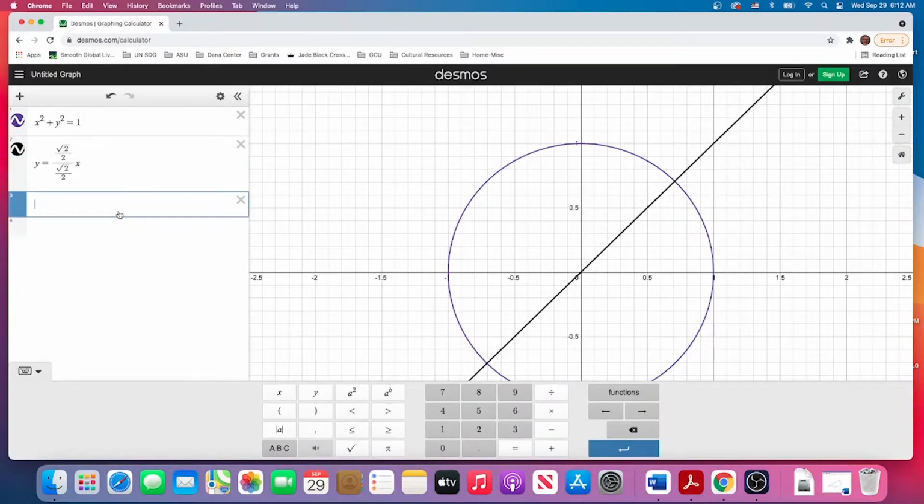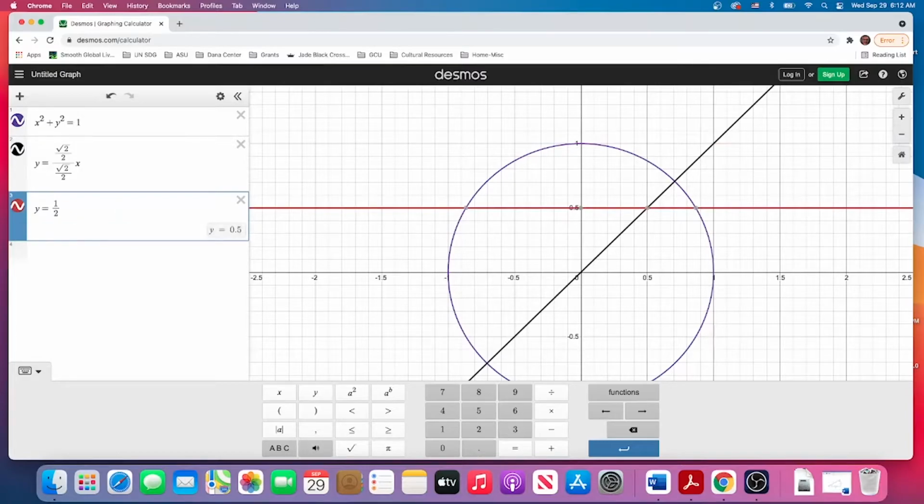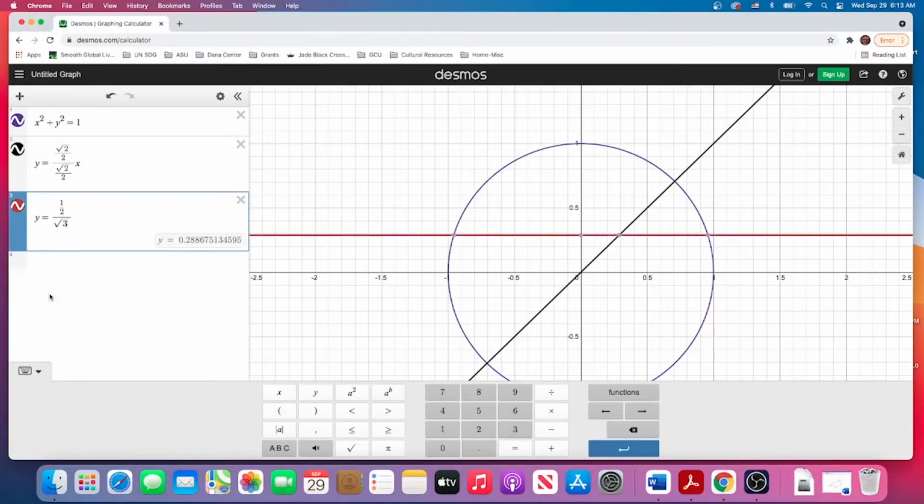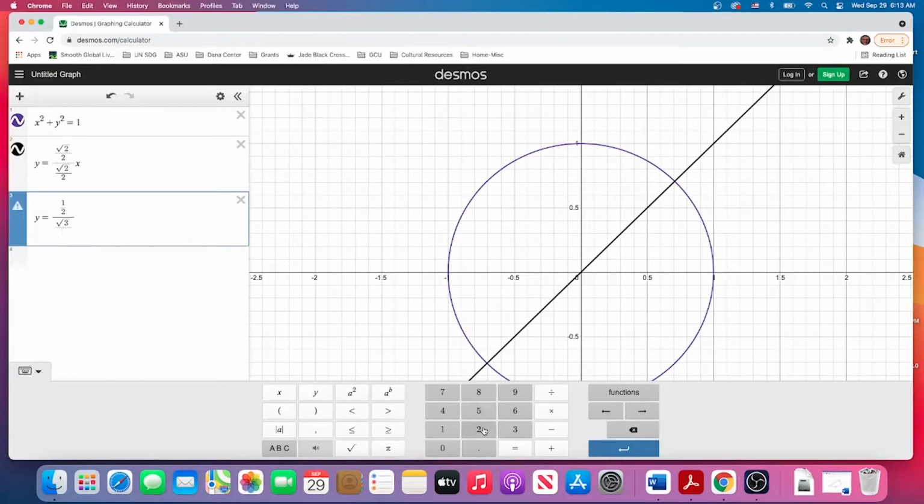Okay, let's do a 30-degree. Remember, that is going to be 1 divided by 2, divided by square root of 3, and then again you have to click out here a little bit, divided by 2.